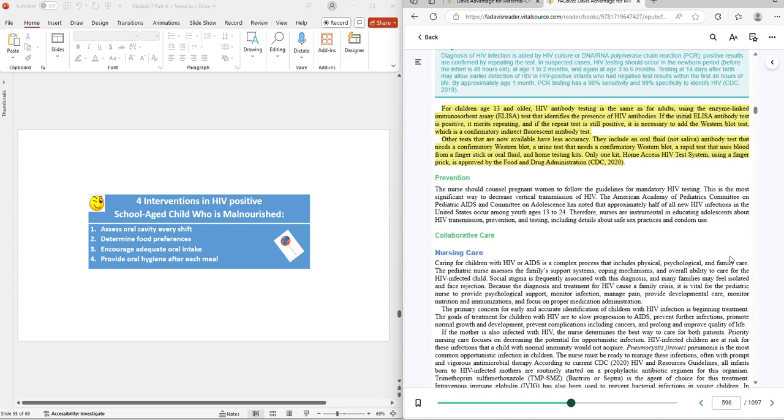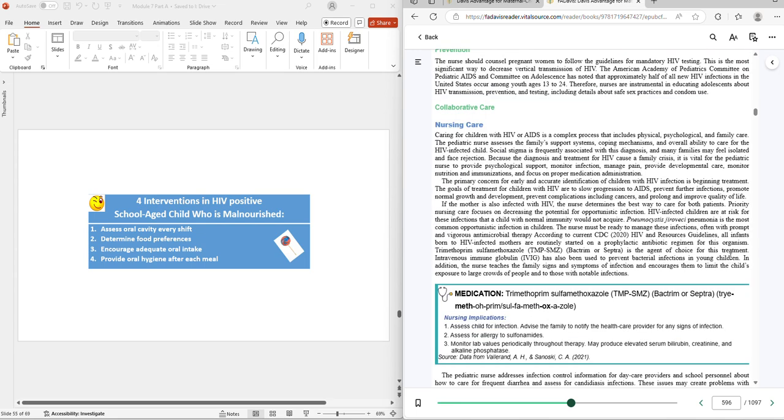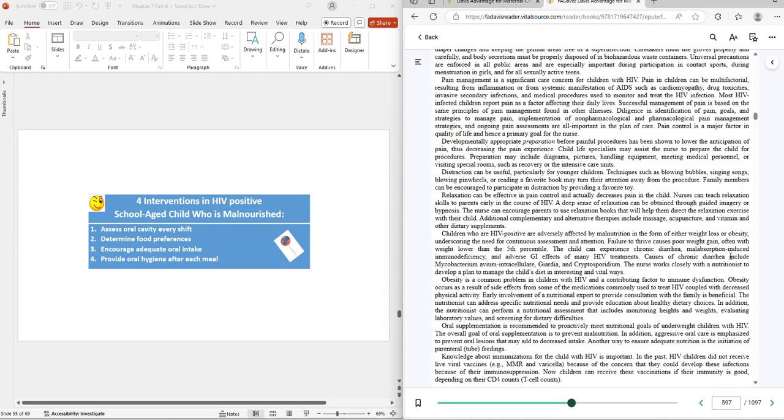Okay. In your book on page 597, there's some more information. Children that are HIV positive are affected by malnutrition, okay? They'll experience the malnutrition, the diarrhea, adverse GI effects, so make sure you understand that.